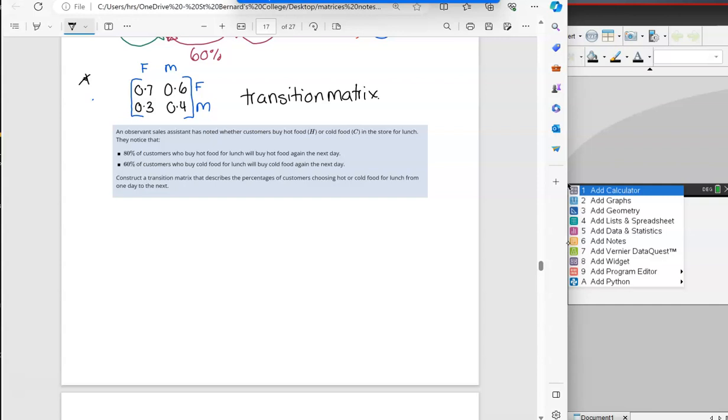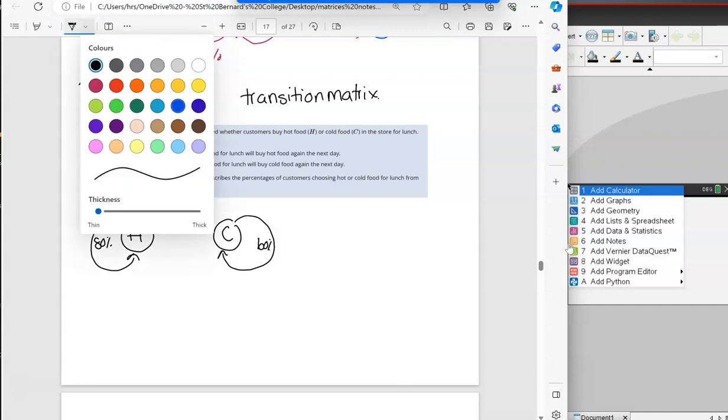So let's just do a diagram to help us. We've got hot food and we've got cold food. So they just said 80% of hot go to hot. So the arrow back to hot was 80%. And then they said 60% who buy cold have cold the next day. So we can work out the rest.